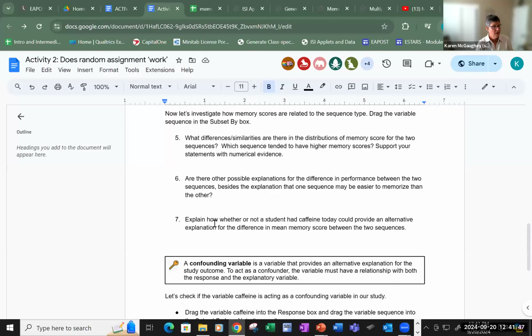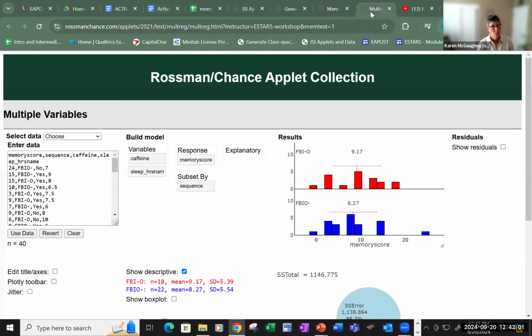Explain how whether or not a student has had caffeine today could provide an alternative explanation for the difference in the mean memory score between the two groups. So how could differences in caffeine consumption help explain this difference in the two means?